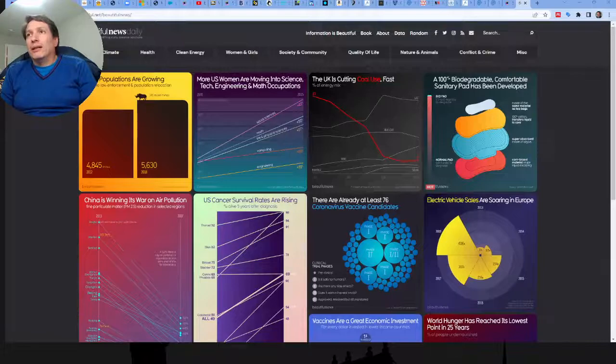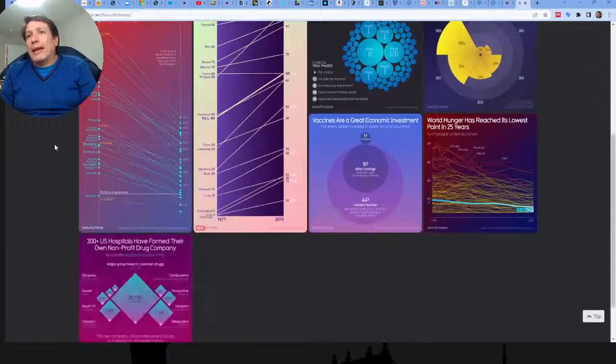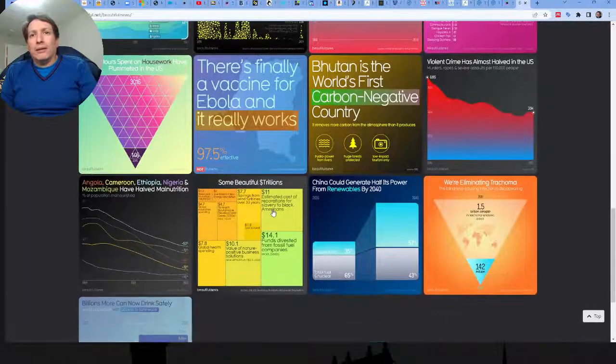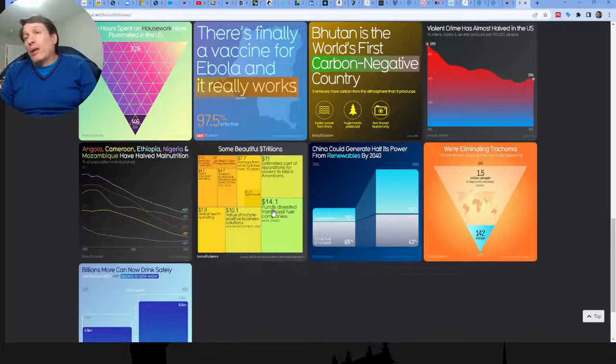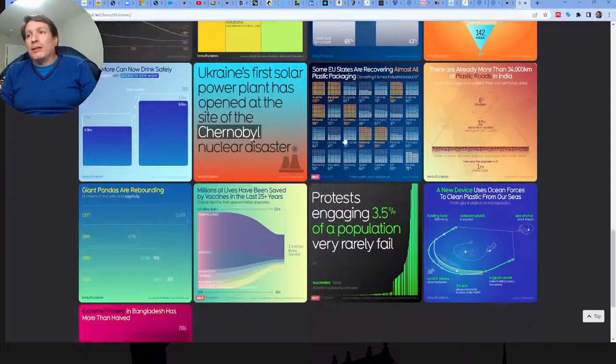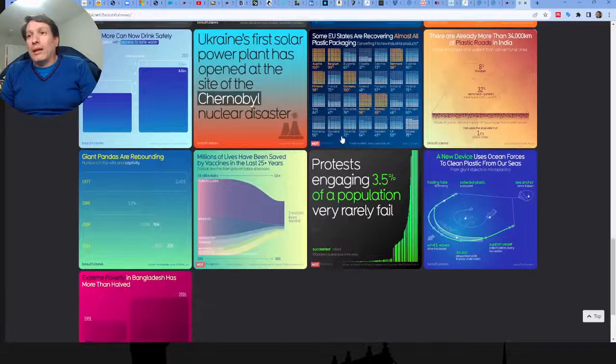Then, for example, we have this one about biodegradable, comfortable sanitary pads, and you see that they are actually using the visual representation of the sanitary pad to represent data. Or the power of word clouds, or the map, which we already know is really good for mapping elements to do geographical visualization.